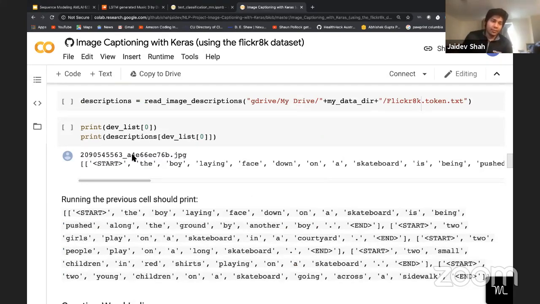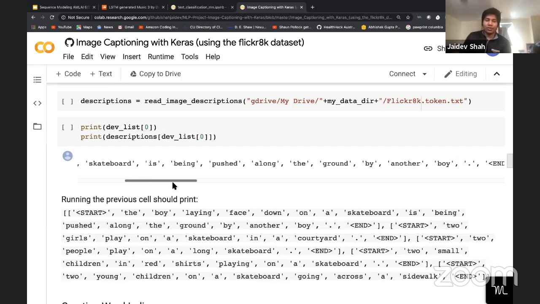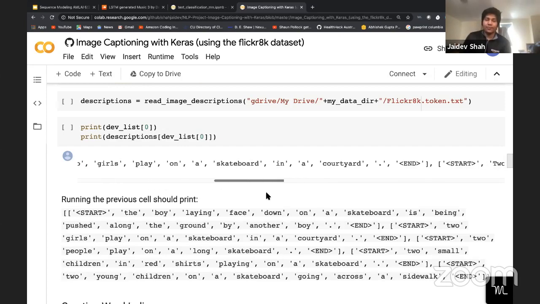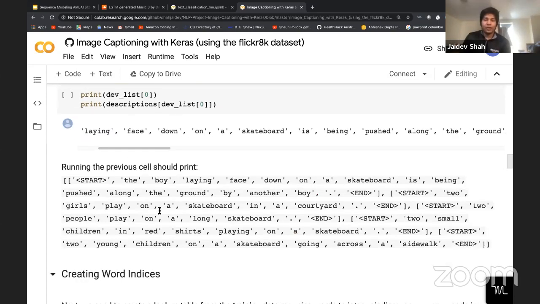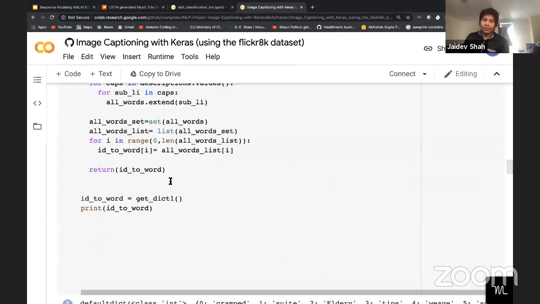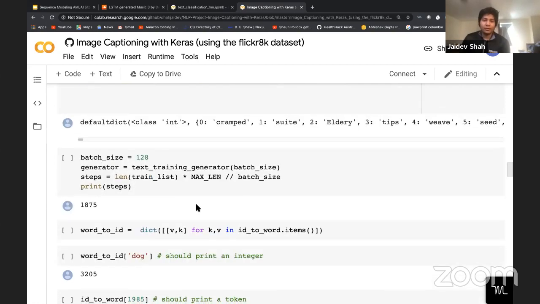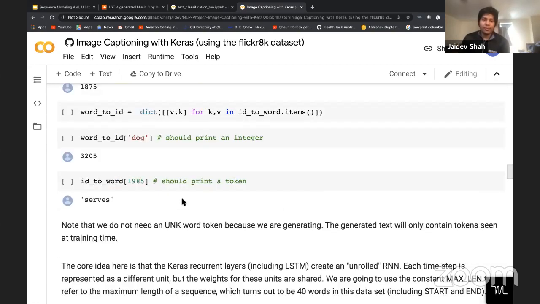This is the image from ImageNet. This is the corresponding caption, the boy laying face down on a skateboard being pushed by a different boy. So now, this is just again pre-processing, or more like bookkeeping stuff.